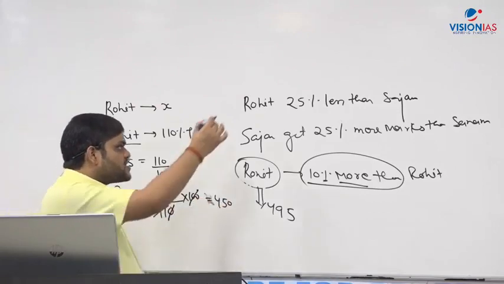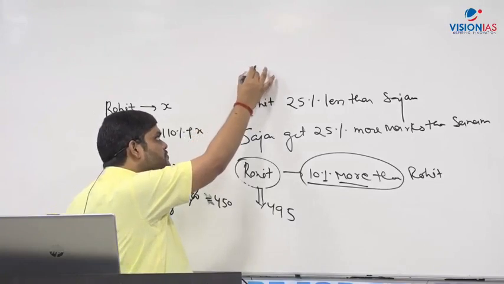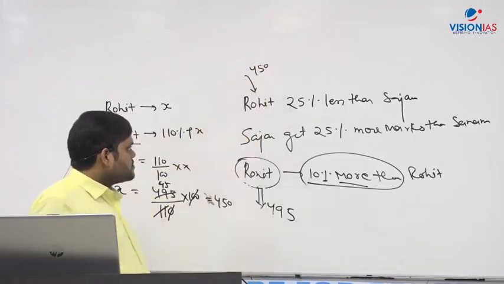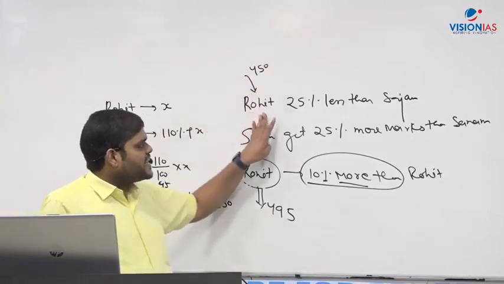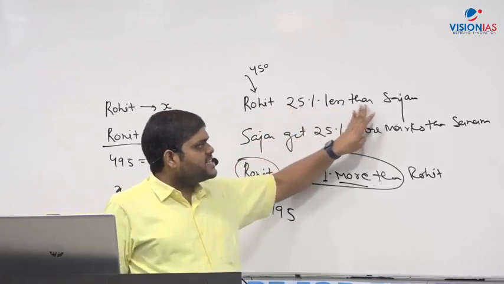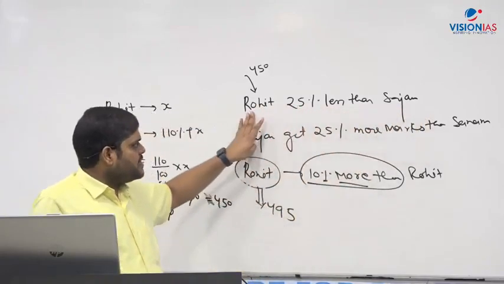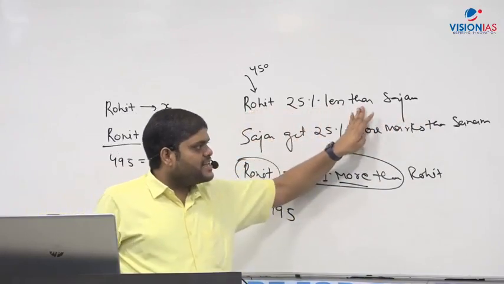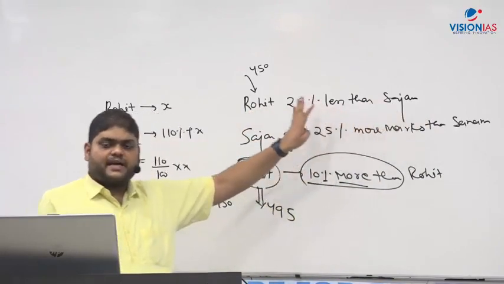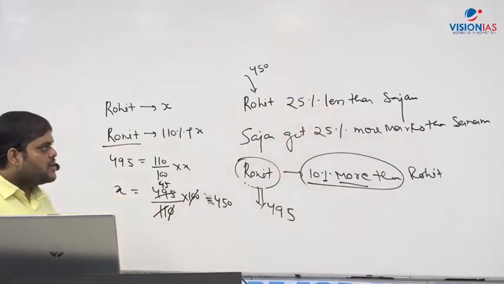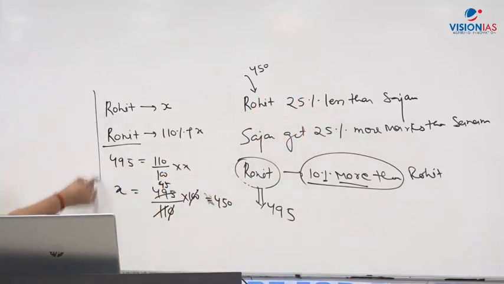That means the marks of Rohit become 450. And Rohit is getting 25% less than Sajan. So can we decode this sentence? Yes, we can decode the sentence. And the sentence is what?